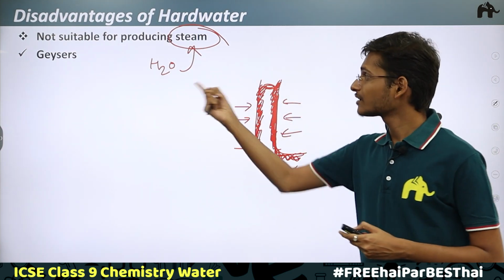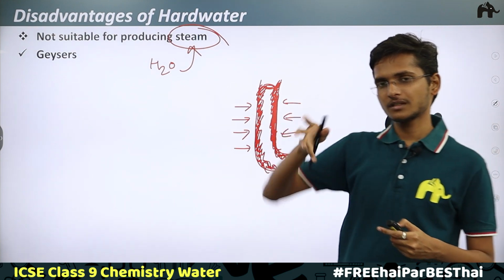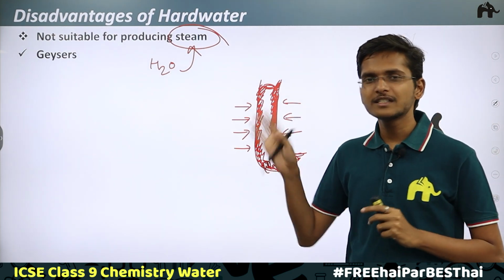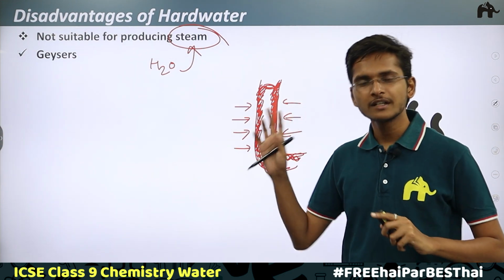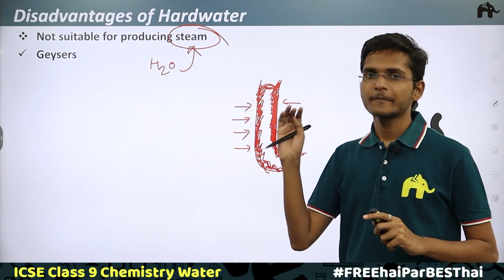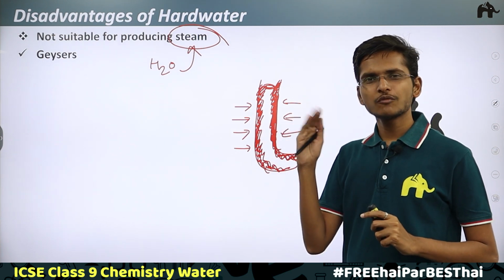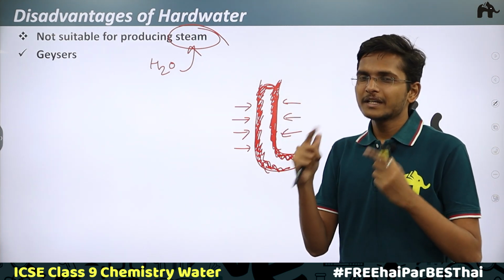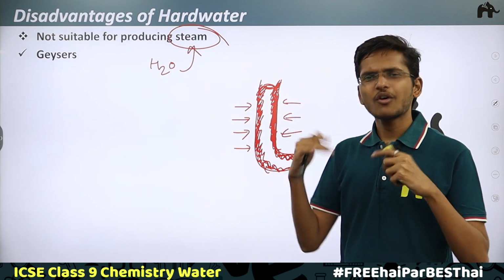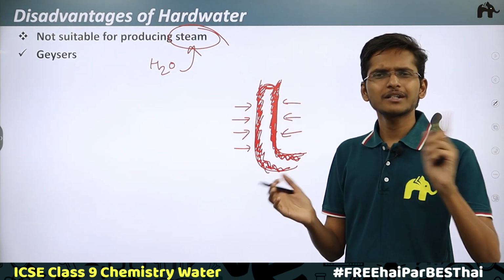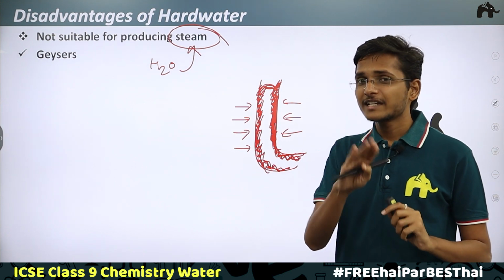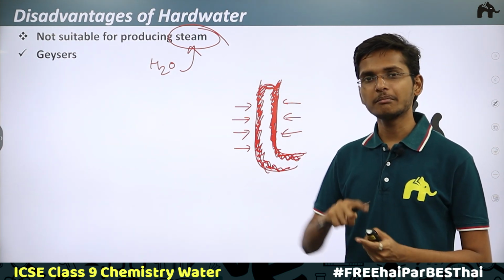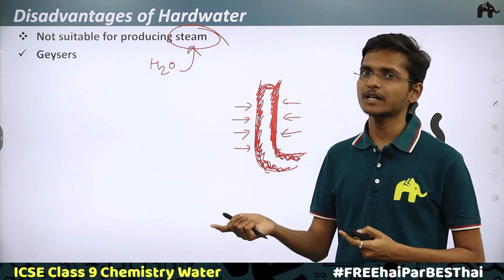Okay, moving ahead, this hard water again is forming such problems. So in geysers, the application which is applicable to our daily life is geysers. You may be using geysers in your houses, and what you do is you heat the water, correct? But when you are heating the water, some of the water may form into steam, or it may not form into steam, but some of the calcium hydrogen carbonate or magnesium hydrogen carbonate present in the hard water may get converted into calcium carbonate or magnesium carbonate, right?